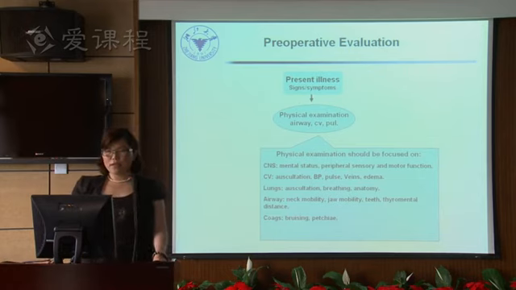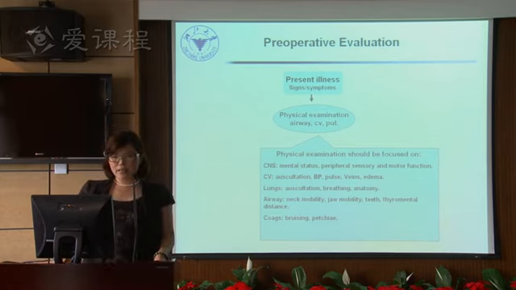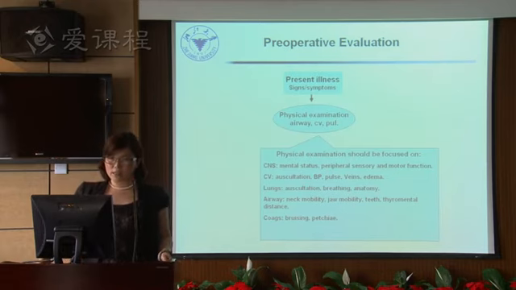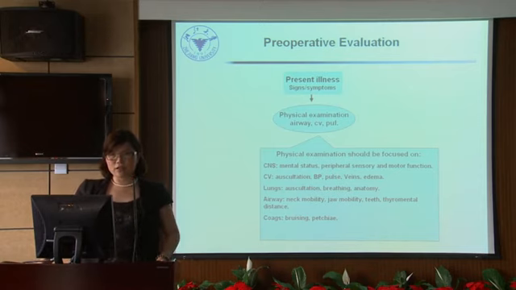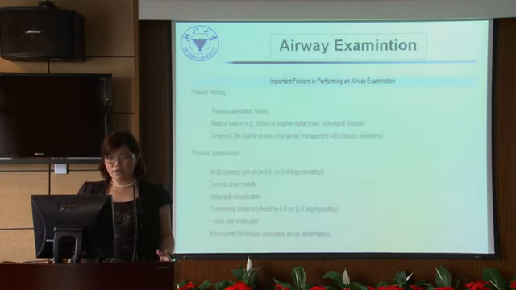For example, what is the mental status of the patient, how is the peripheral sensory and motor function of the patient, and what kind of status of function, for example, cardiac or pulmonary function, and also we should check the airway anatomy of the patient.